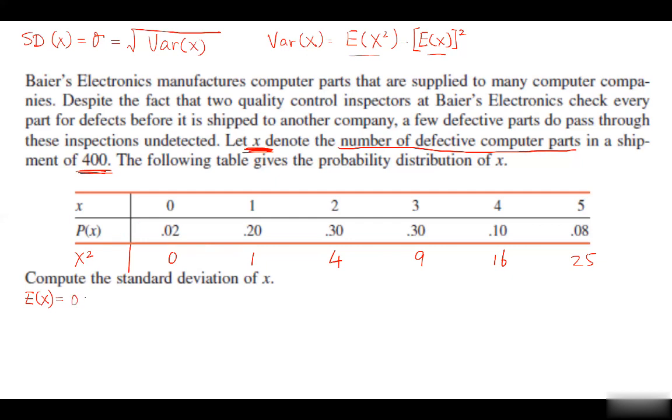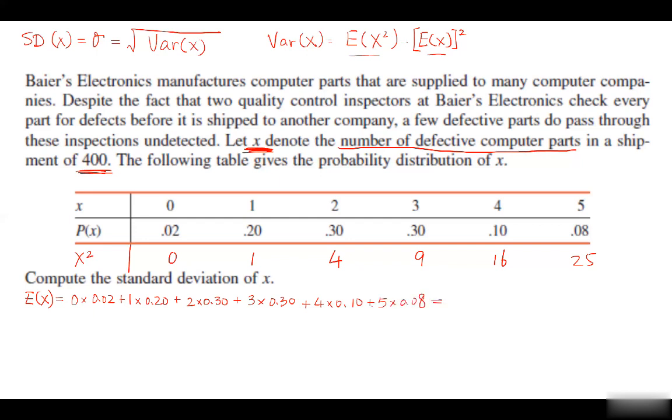So 0 times 0.02 plus 1 times 0.20 plus 2 times 0.30 plus 3 times 0.30 plus 4 times 0.10 plus 5 times 0.08.